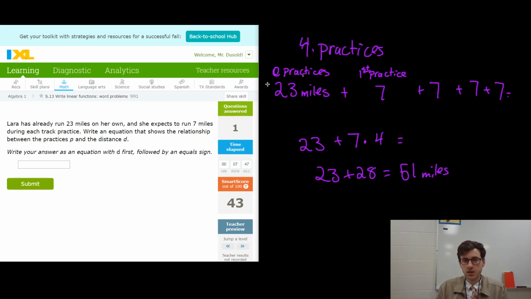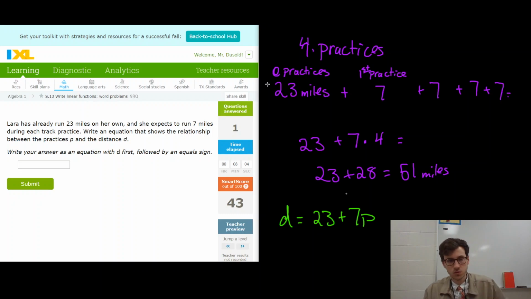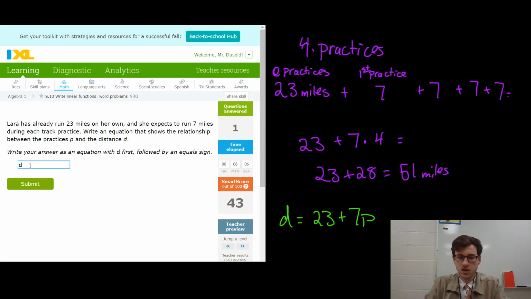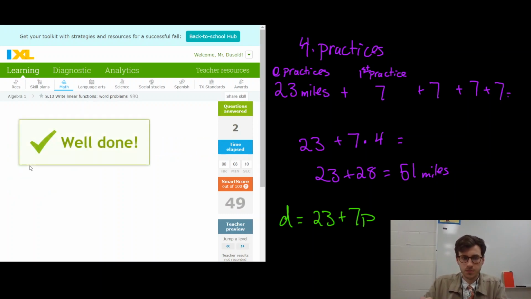Okay, so then making this an equation, D, the distance, is equal to 23 plus 7, which is the number of miles she runs each practice, times P, which is the number of practices that she has been to. So D equals 23 plus 7P. Boom.